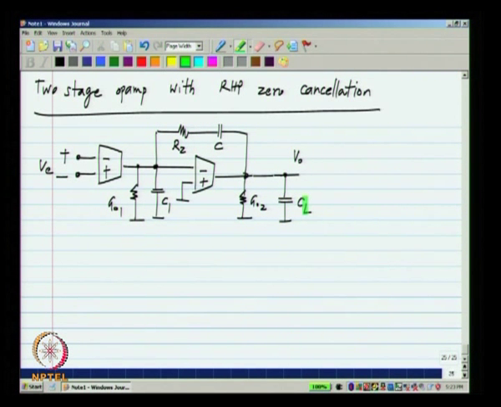So, the sum of voltages of 2 capacitors was equal to the voltage on the other capacitor. So, we could only set 2 of them independently and the third one was automatically fixed. Now, because we have this RZ in series with C, we can set all 3 of them independently. So, this really has 3 poles.